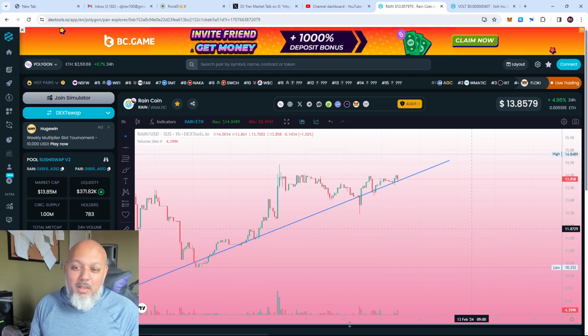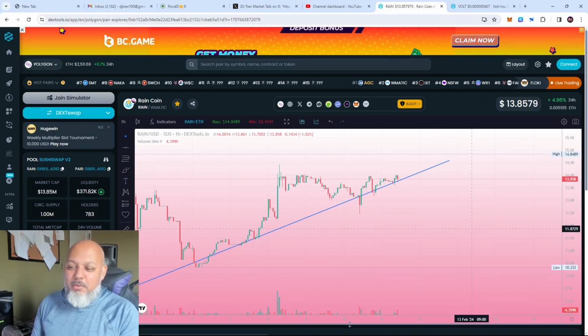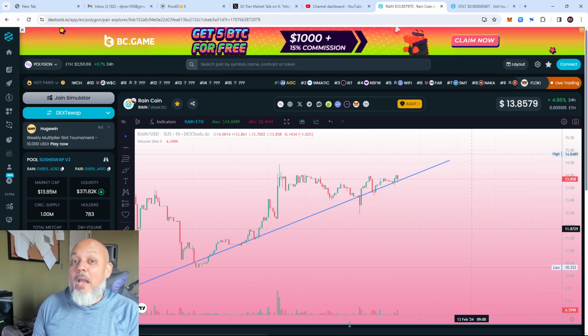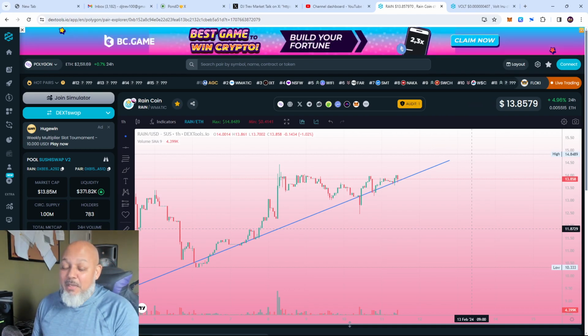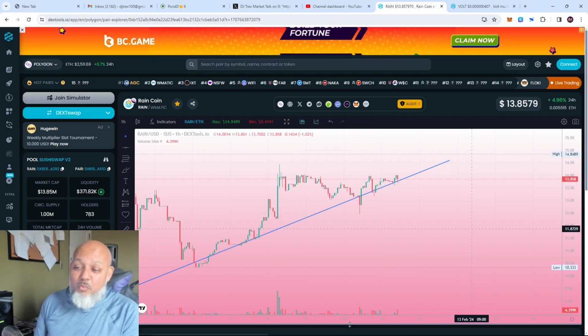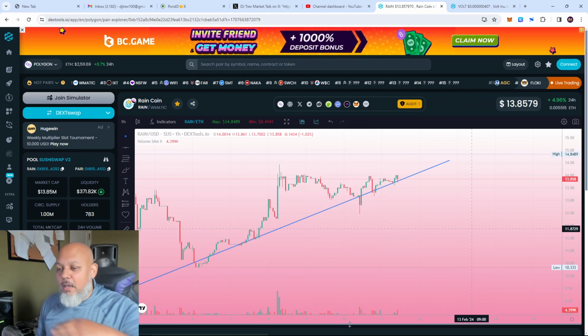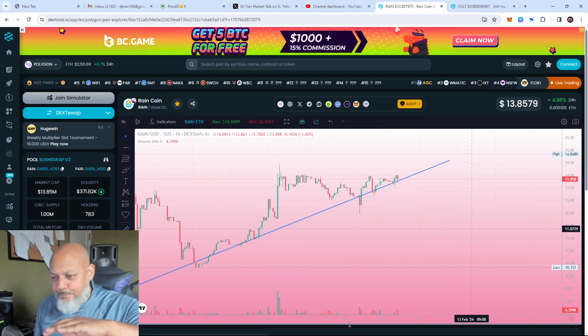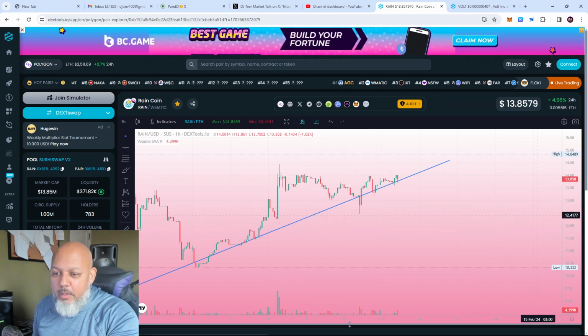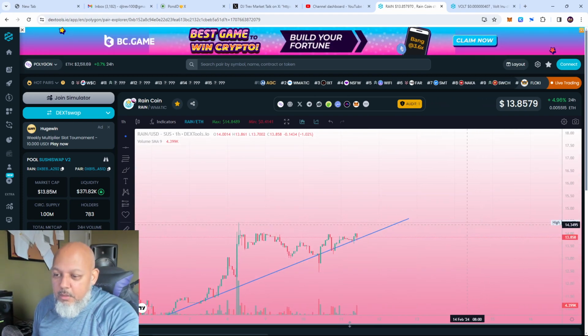I feel like we're going to have a quick run up to like $15, $16, maybe higher. But again, that's just my opinion. This is what I'm thinking is going to happen. If we end up staying on that line, it's not going to take very long at all before we start reaching those heights.